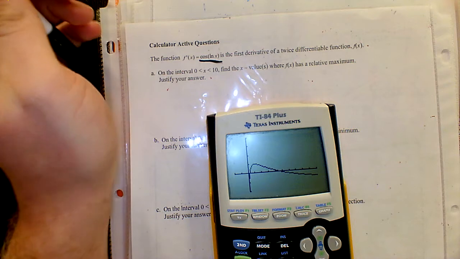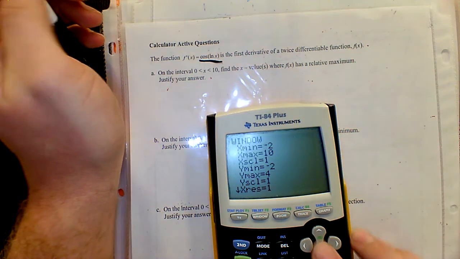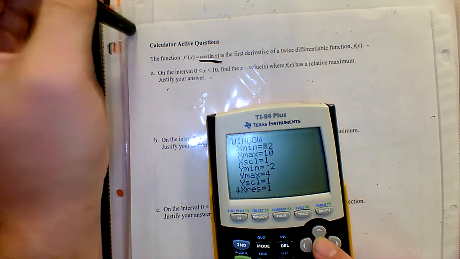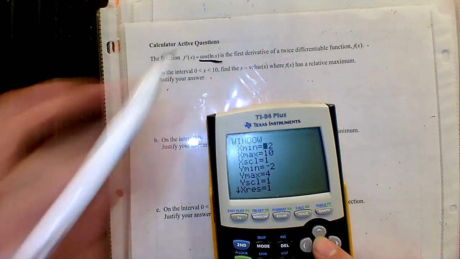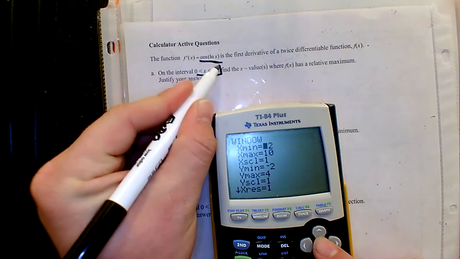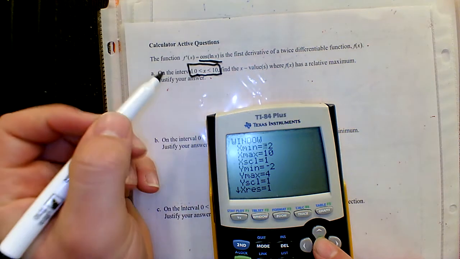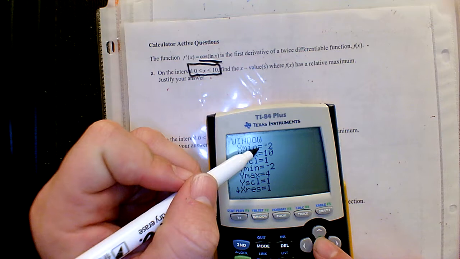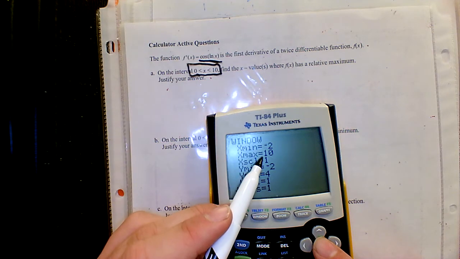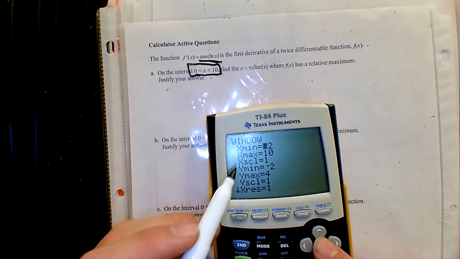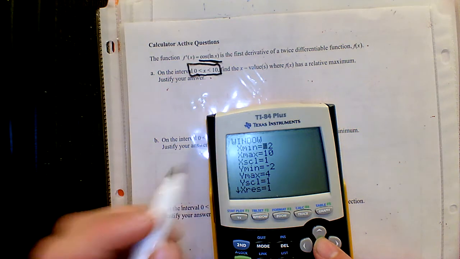Now we need to change the window a little bit. Mine's already adapted, so for my x's, I started at -2, even though we're dealing with values from 0 to 10. So I started a little bit before 0, and I have it end at 10, so I went from -2 to 10 on my x values. And on my y's, I went from -2 to 4.